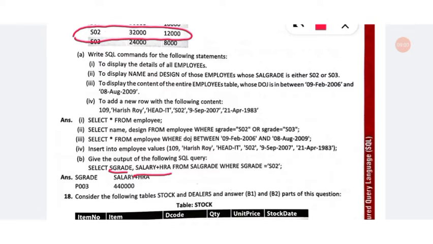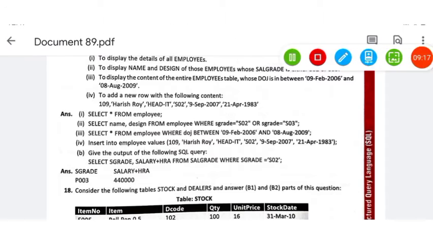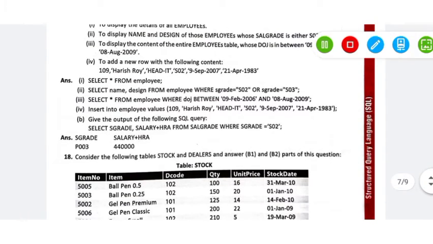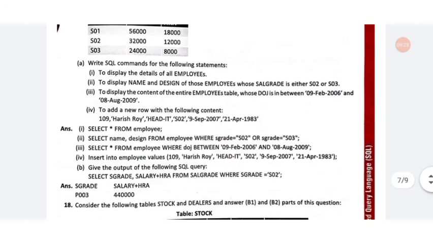The output will be one S grade column and another column, salary plus HRA. Here again there is a printing mistake, that is S02. Here it will be S02 and it will be salary plus HRA.